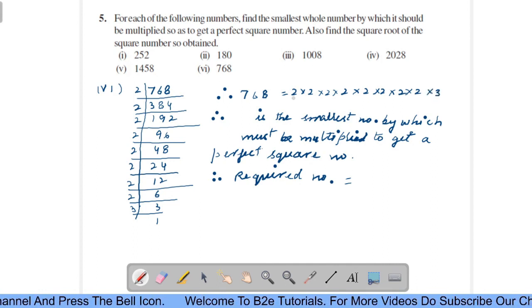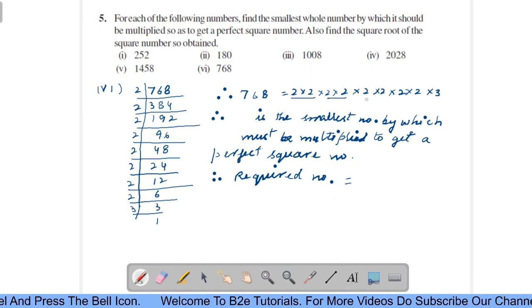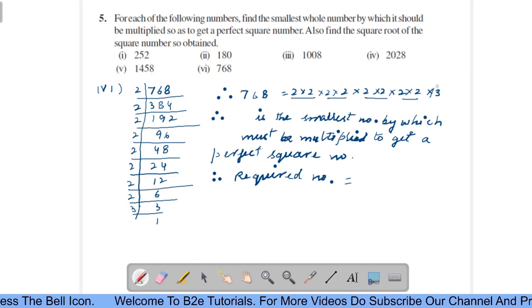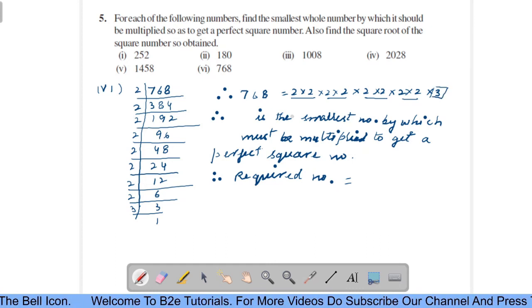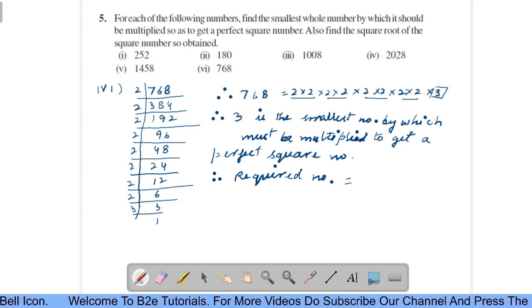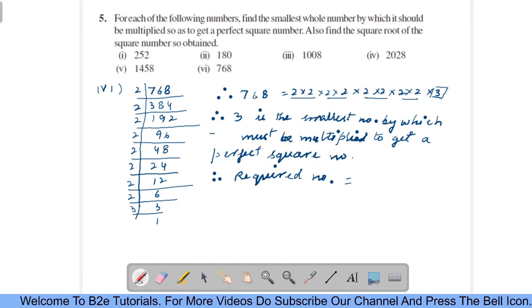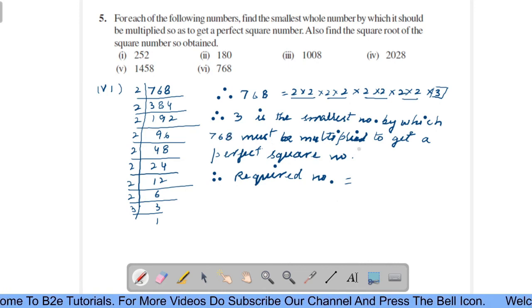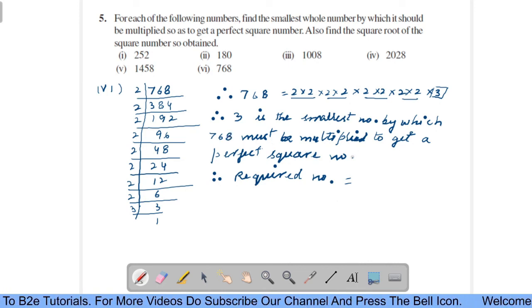Here make pairs of 2. Here we are unable to make pair of 3. Therefore 3 is the smallest number by which 768 must be multiplied to get a perfect square number.